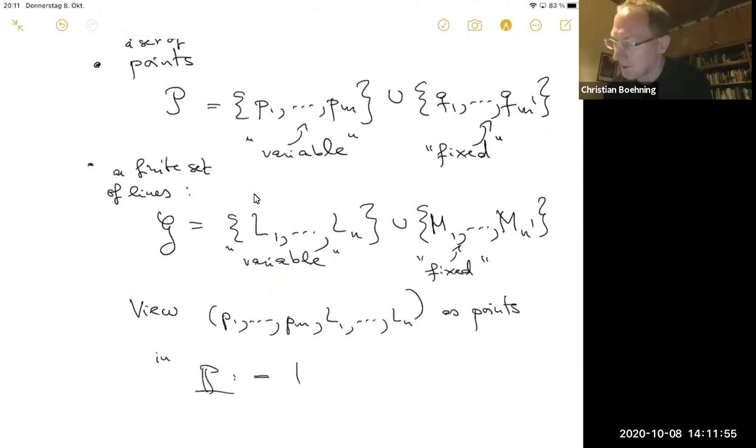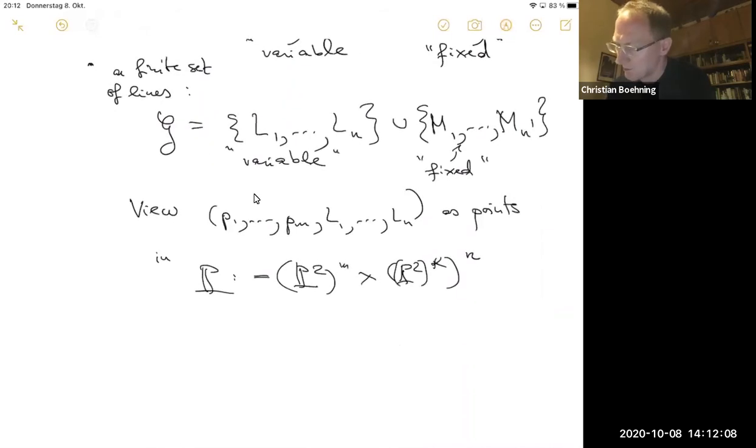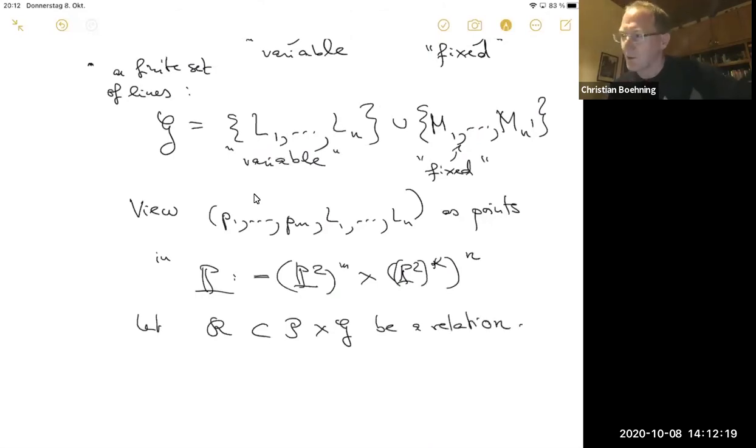So I call this P. So this will be P2 to the M times P2 dual to the N. And also I assume I'm given a relation, just some relation between points and lines. Some incidence relation corresponding to incidences.